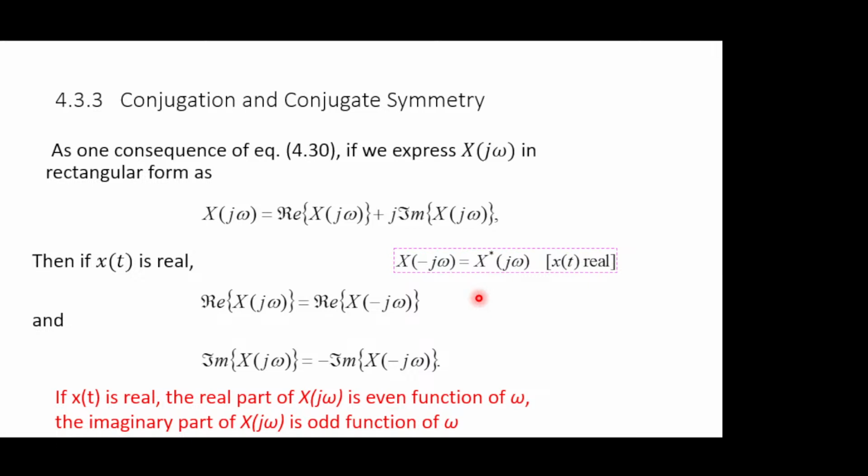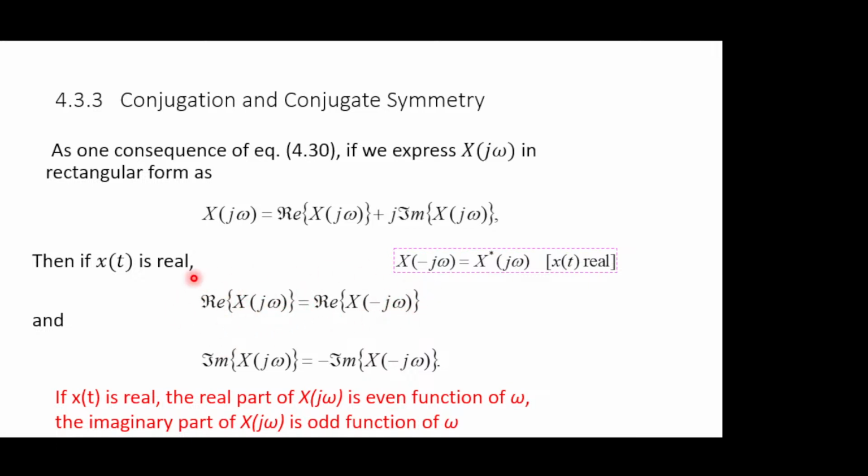Anyway, this means that the real part of X of j omega is an even function, because you take omega to negative omega, and this function stays the same.